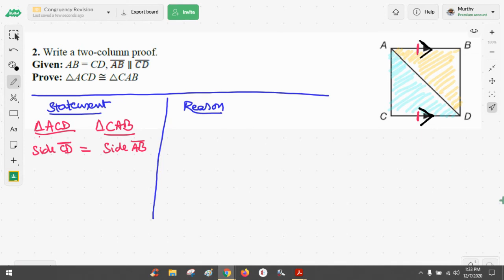Though this angle is not marked, I know that this particular angle, which is BAD, and angle ADC, these two must be equal. Do you know why? You may think of the parallel lines. So let me draw parallel lines here.